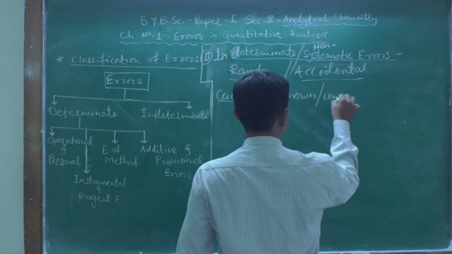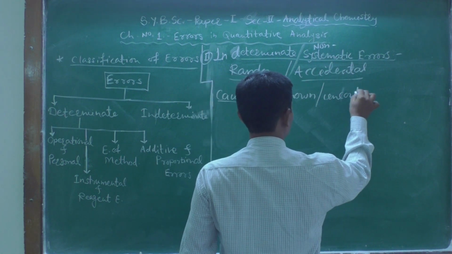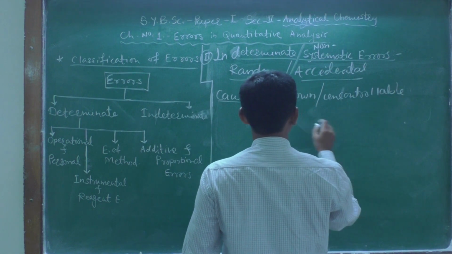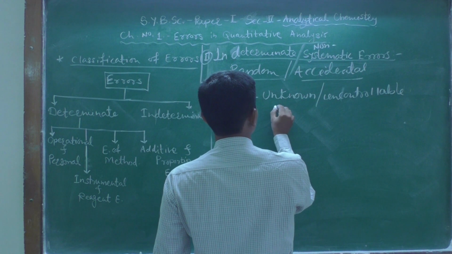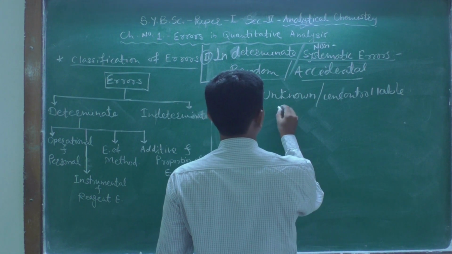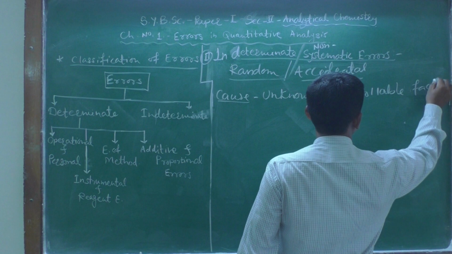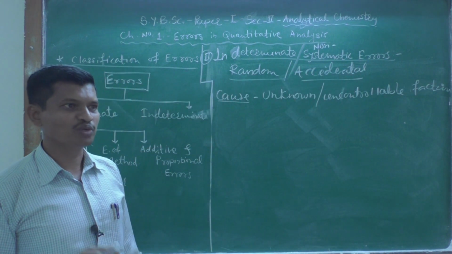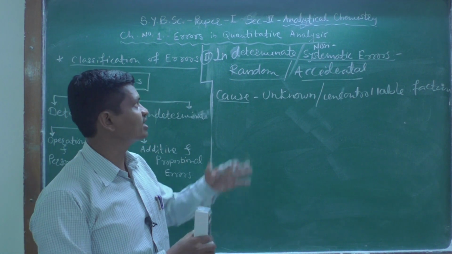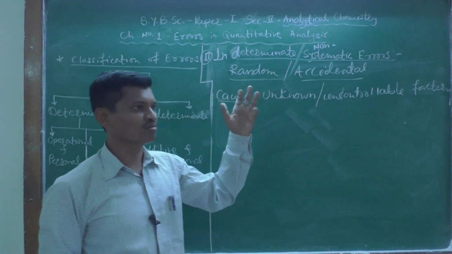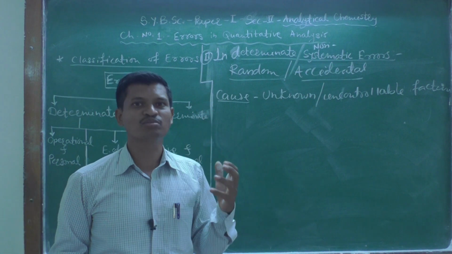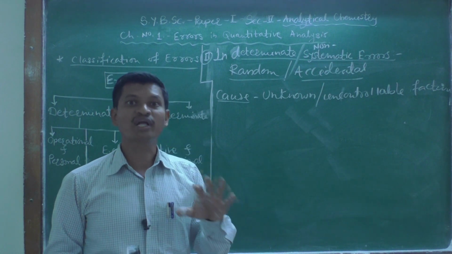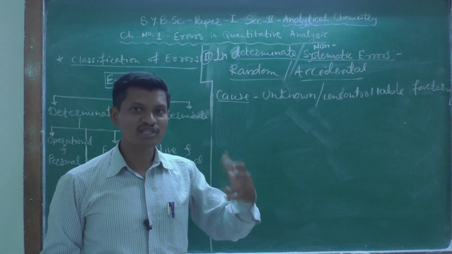Unknown or uncontrollable factors. Means there are some reasons in the analysis due to which we cannot control, we cannot determine, we cannot analyze properly the cause of these errors. So that's why these are unknown or uncontrollable. We can't control the occurrence of these errors.